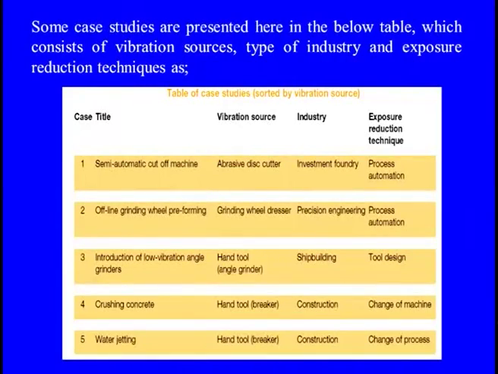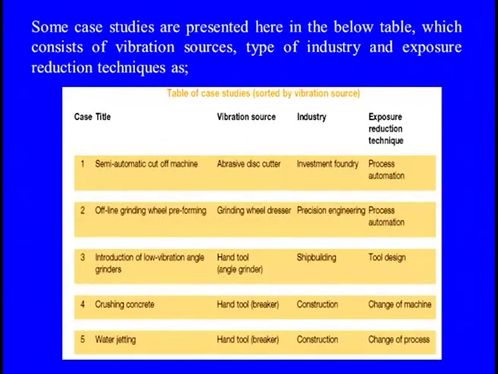So this is the practical case where we apply these things, but there are also some case studies which we regularly adopt, on how we can put isolators, what kind of vibration sources there are, and how we can reduce the vibration exposure by applying the technique.